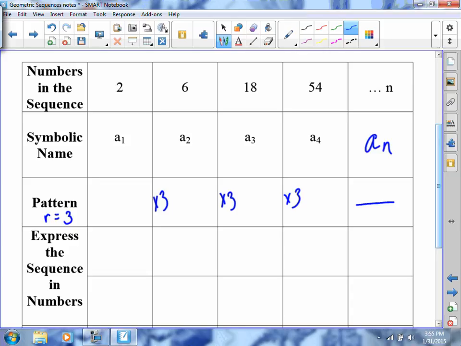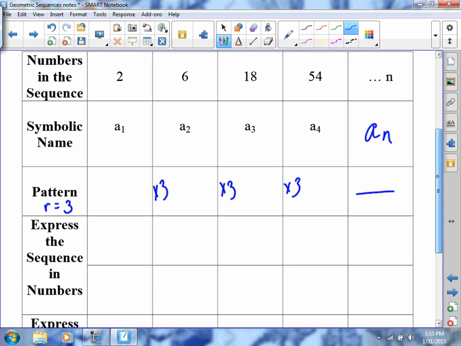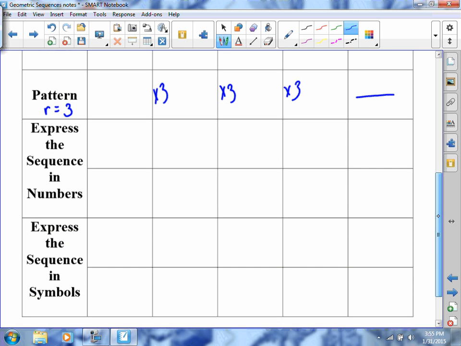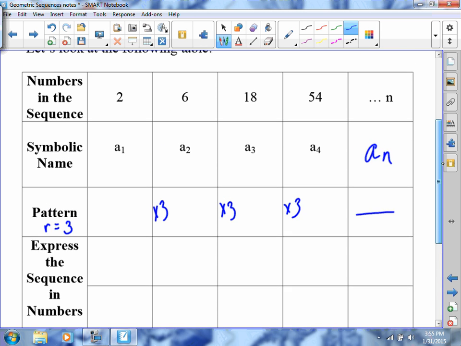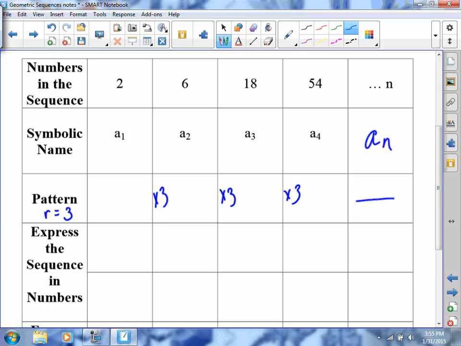Now, if we want to express the sequence as numbers, it'll help us before we do it as symbols. So, if I am looking at my sequence and I want to express it as numbers, I know I have numbers up here, but I want to write it in a different form.